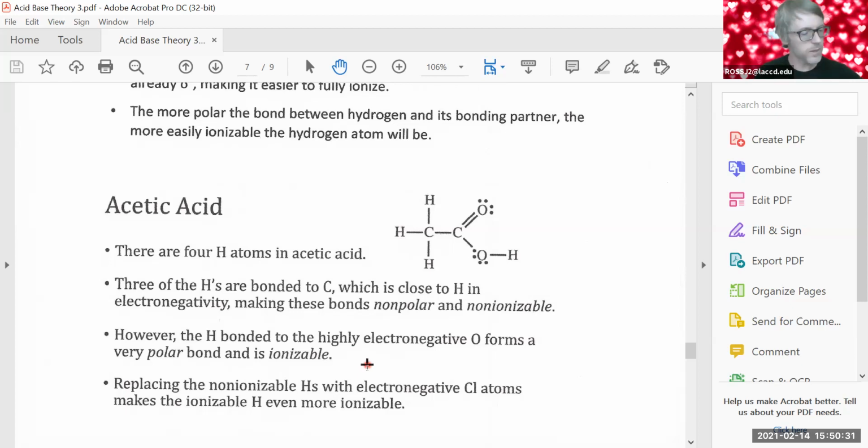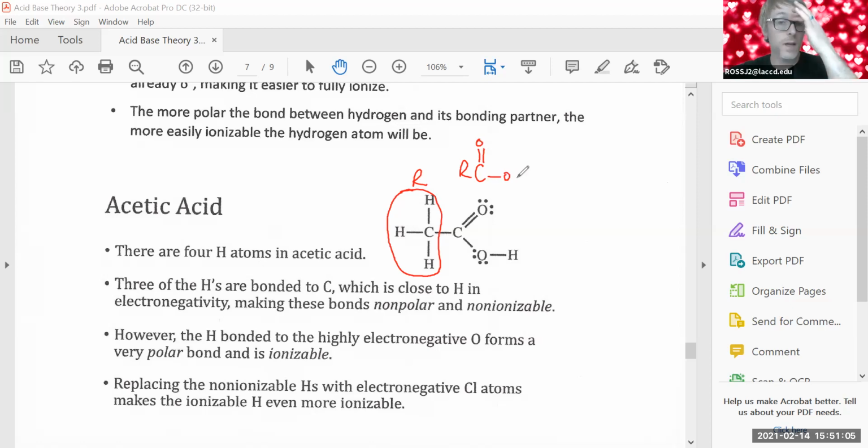And let's see, do we have the resonance structure? No, we don't. So let's annotate this with its resonance structure. If I just call all of this stuff R, so R-COOH.